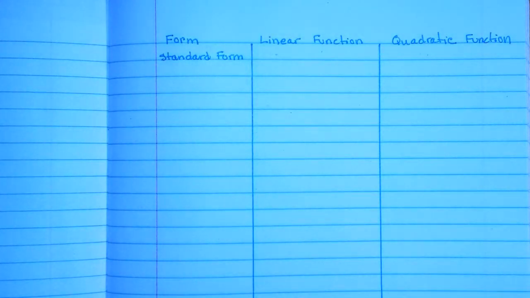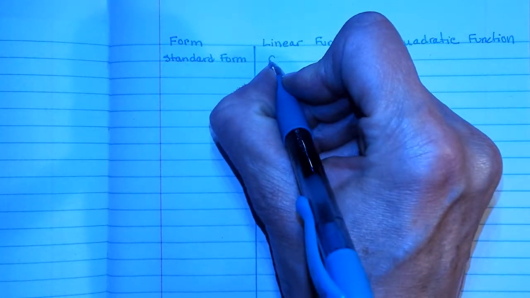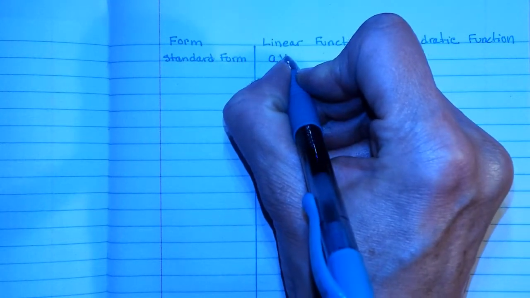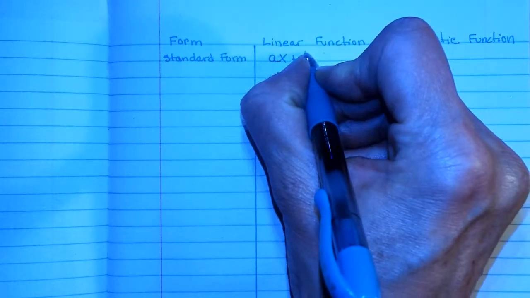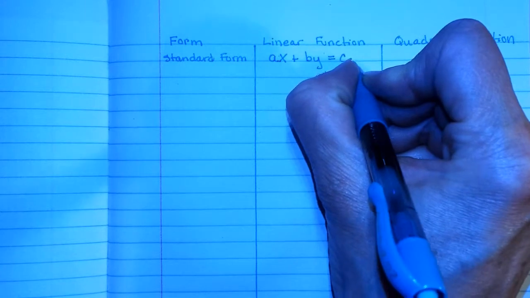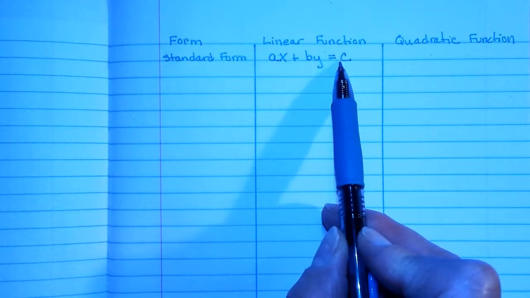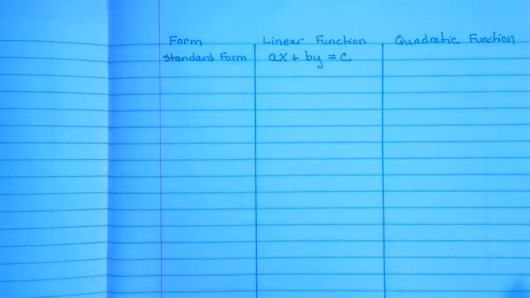And for our linear function, that's different than any other function. That's going to be ax plus by equals c. And that's where a, b, and c are simply numbers like 3, 4, 5.